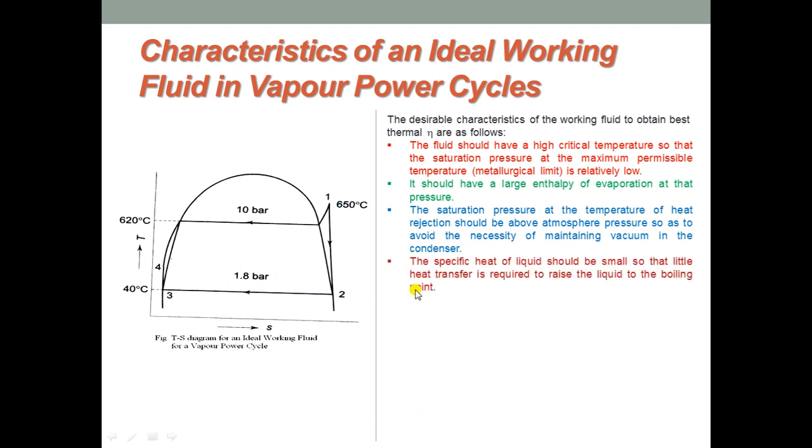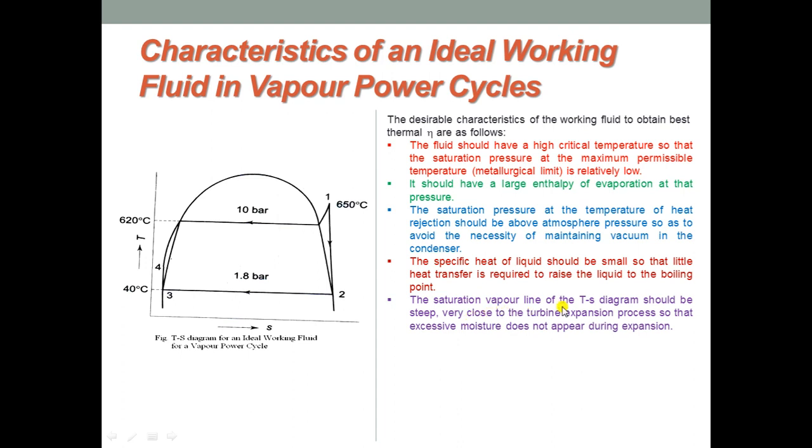The specific heat of liquid should be small so that little heat transfer is required to raise the liquid to the boiling point. The saturation vapor line of TS diagram should be steep, very close to the turbine expansion process so that excessive moisture does not appear during expansion.